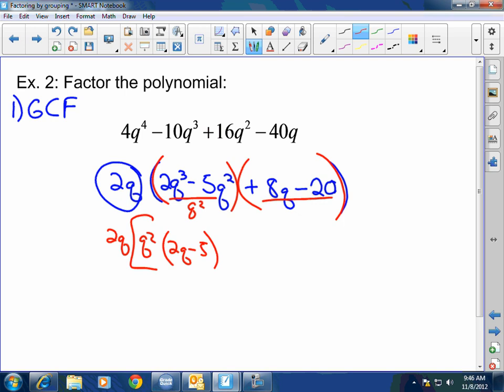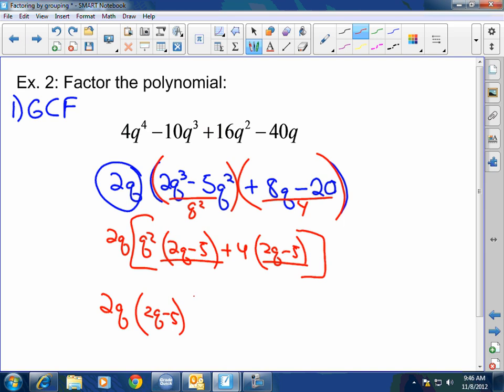And then from here I take out just a positive 4, because I want that negative 5. So I take out a positive 4, and I got my 2q minus 5. And then it's the same thing. 2q times my common factor of 2q minus 5 times my leftovers of q squared plus 4.